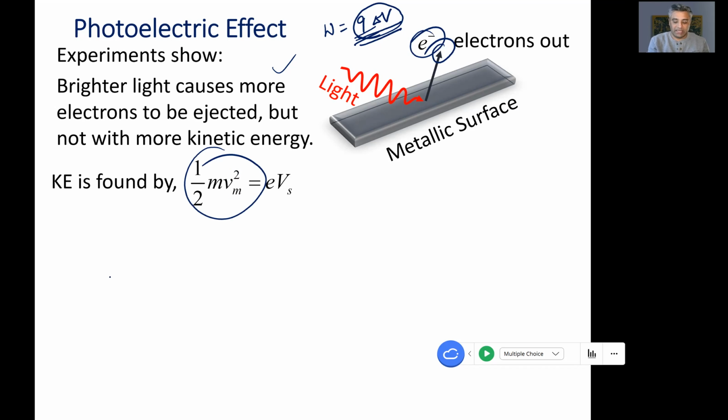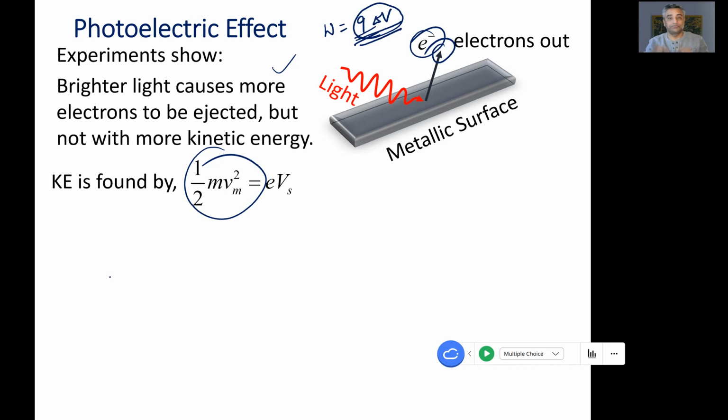When we measure the kinetic energy, it's not giving higher kinetic energy, okay? If you are shining with a certain color of light, it's giving you just one value of kinetic energy. Shining with a brighter light, based on the wave theory, what does it mean?